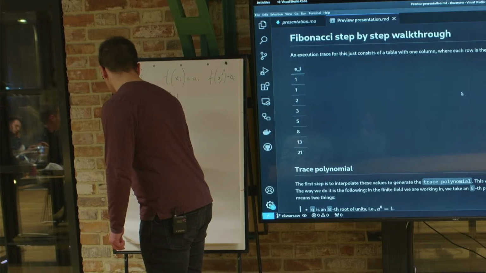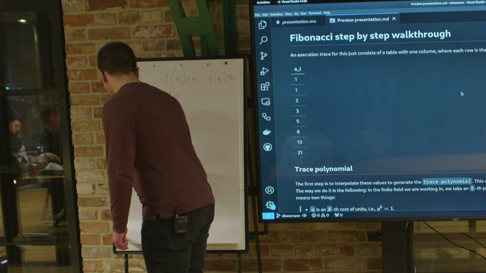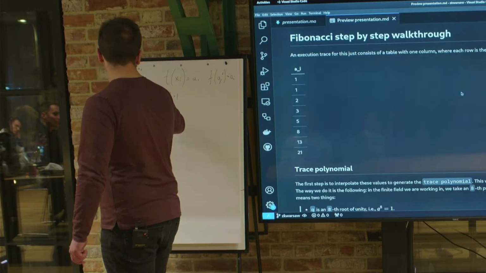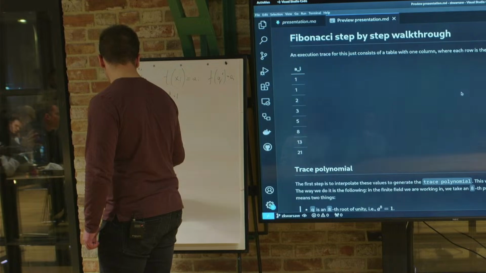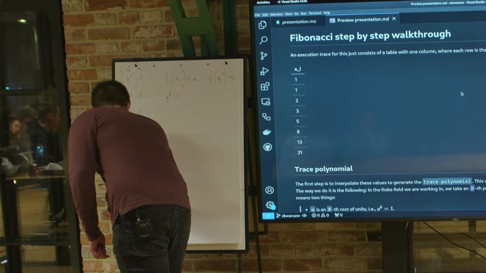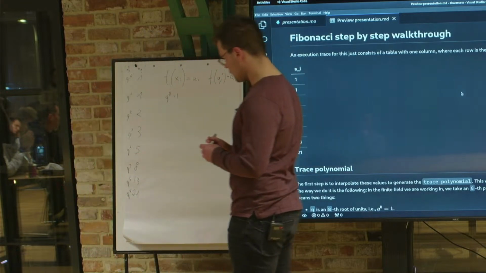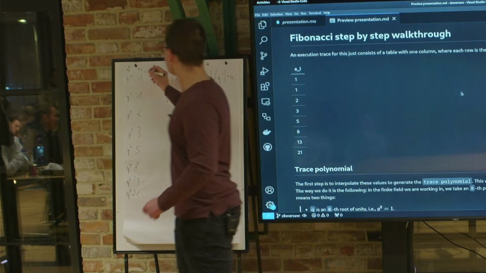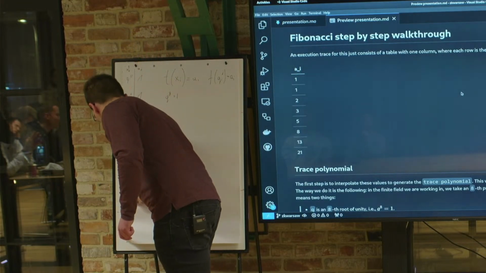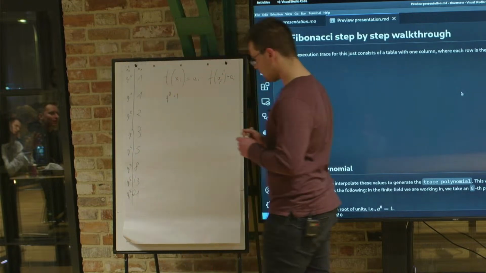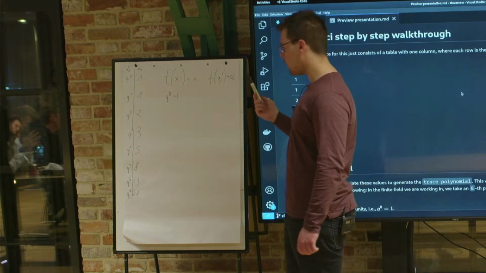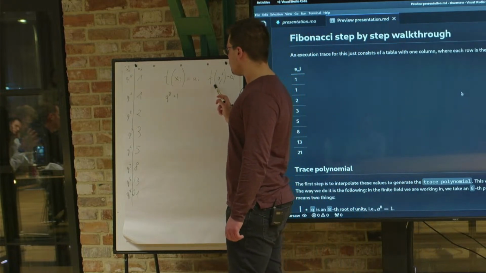Keep in mind it's in a prime field, right? So the modulo can be a prime number. It happens that if you pick a number from the prime field that to the power of 8, or in general to the power of the size of your stack trace topped up to a power of 2, it's just a good way of indexing, so that the fast Fourier transform is more efficient than if you index it by 1, 2, 3, 4.